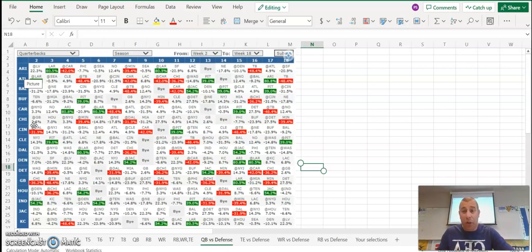Last week, the quarterback didn't do very well fantasy points-wise. The game in Dallas was against Tom Brady and the Tampa Bay Buccaneers. They only scored 19 points, kicked a lot of field goals. So Tom Brady didn't score a lot of fantasy points.